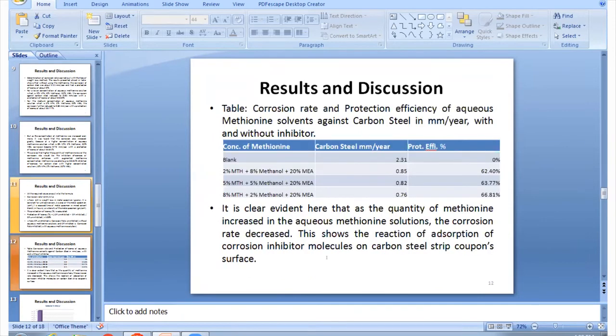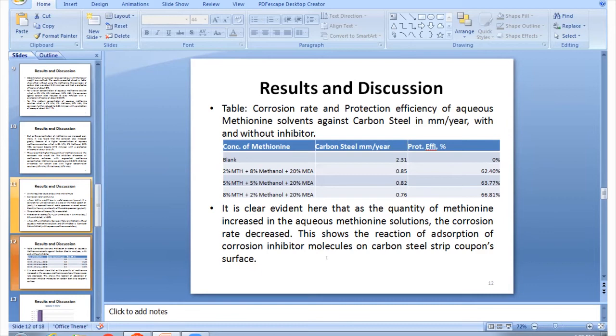This is an example, and this is a table that I've put here, of the corrosion rate and protection efficiency of aqueous methionine solvents against carbon steel in millimeter per year, with and without inhibitor. It is quite clear here that in our blank solution, the carbon steel corrosion was 2.31.